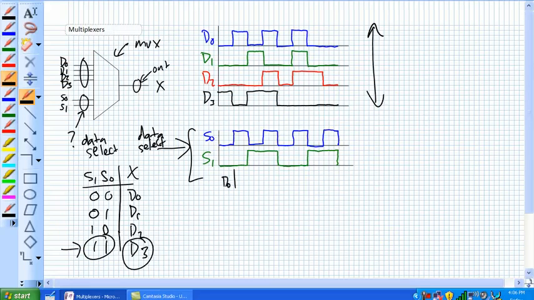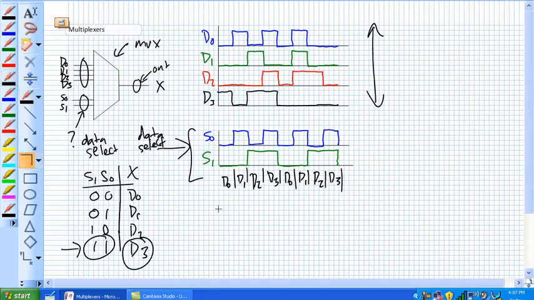So for this first portion, you're going to get D0; 0, 1, that's D1; 1, 0, D2; 1, 1, D3, and so on and so forth. D0 for that block of time, D1 for that block of time, D2 for that block of time, D3 for that block of time because it's 1, 1.